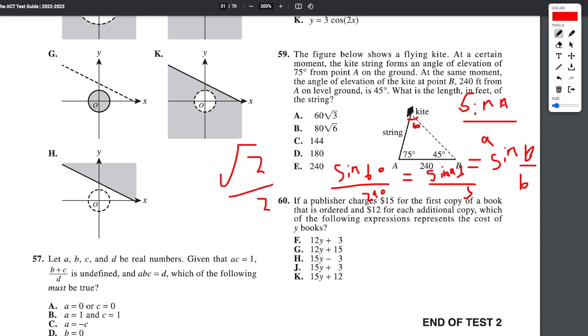Sine 45 is root 2 over 2, multiplied by 240, and then divided by root 3 over 2. So 240 divided by 2 is 120.